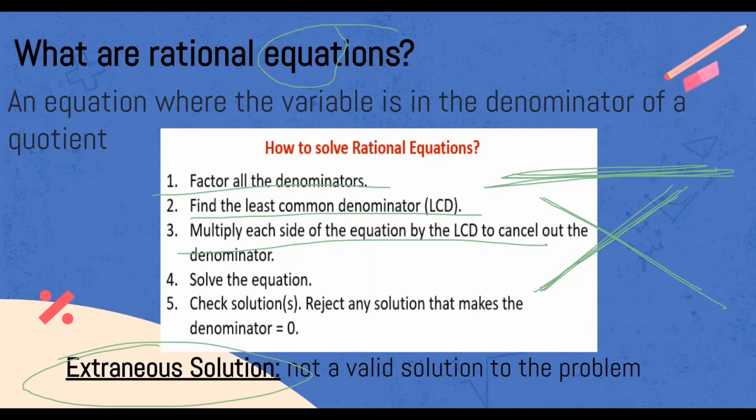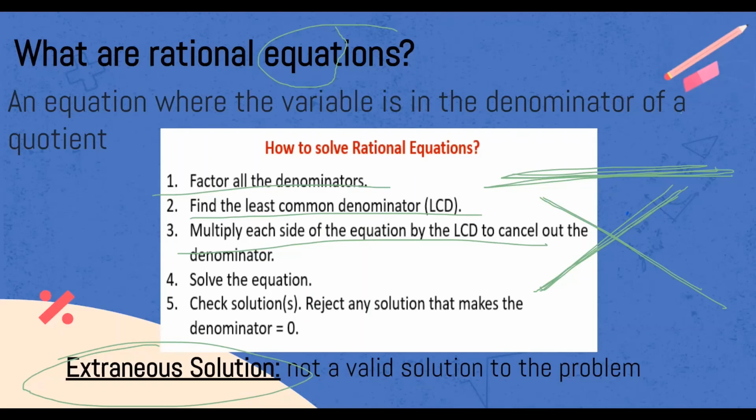So you should always go back and check for extraneous solutions. Another way to identify an extraneous solution is that it makes your denominator 0. You cannot make your denominator 0, because that makes your problem undefined. If you try to divide something by 0 on your calculator, it's undefined.